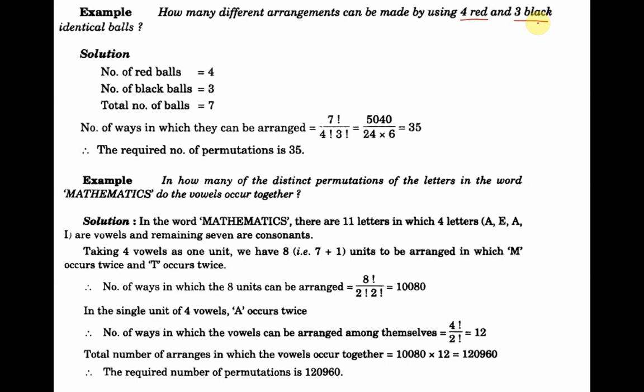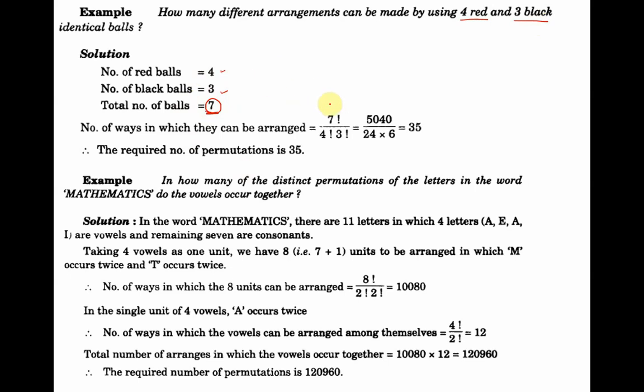The 4 red balls are all identical. The 3 black balls are all identical. So number of red balls is 4. Number of black balls is 3. How many total balls are there? 7 balls. Now how many balls do I have to take? All the 7 balls I am taking.